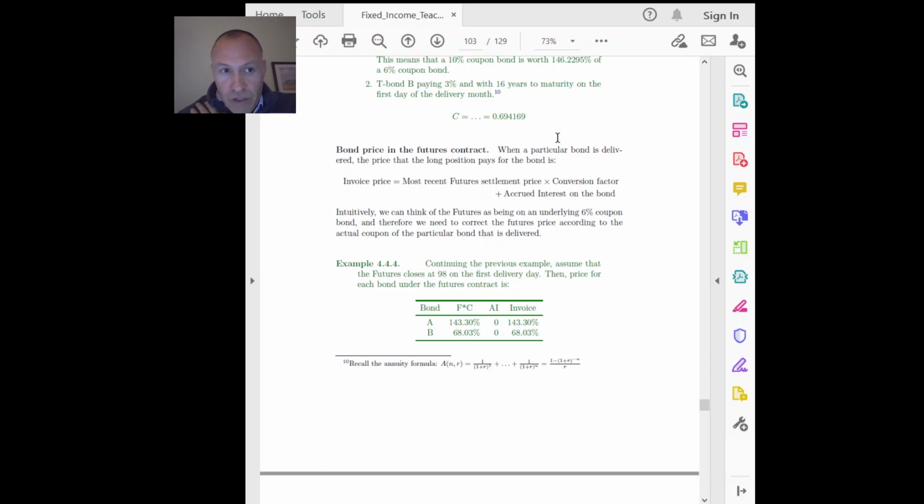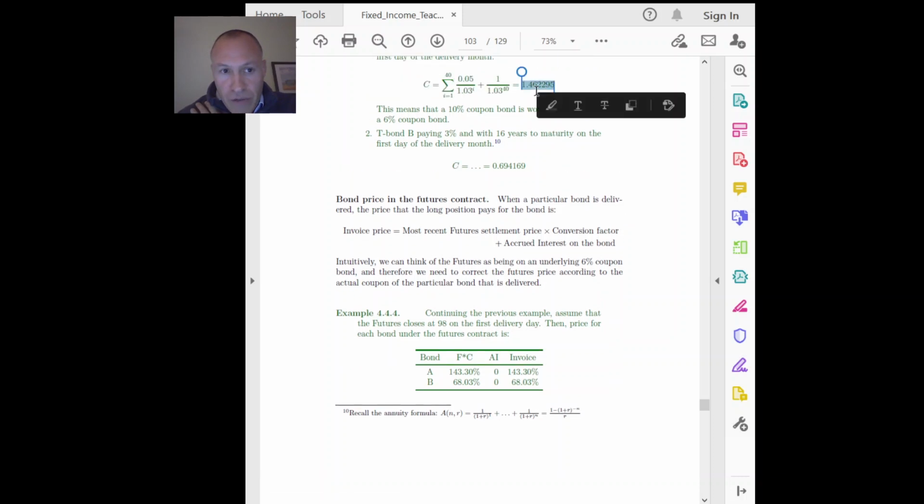So for example, for bond A, I get this number here, 146, multiply that by 98, and get this F times C, right? Then I would have to have the accrued interest, but we are assuming that we are at the beginning of the coupon period, so the accrued interest is 0. Therefore, the invoice price is exactly that amount, right? And likewise, I can do the same for the second bond, for bond B, right?